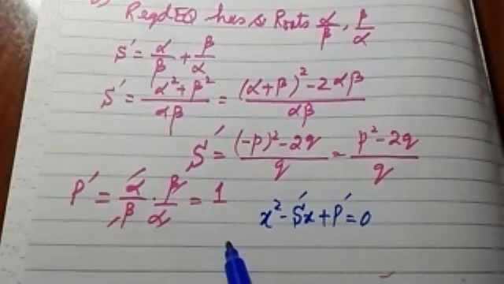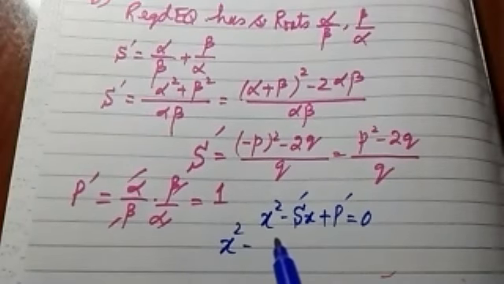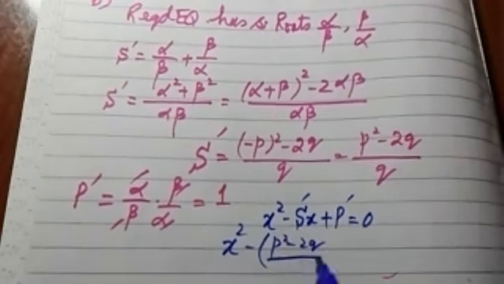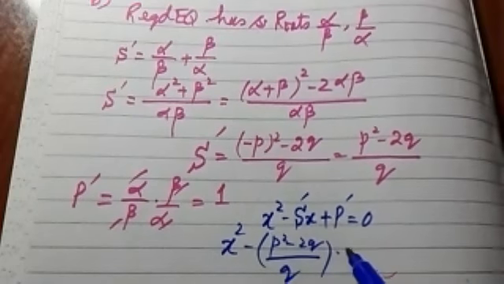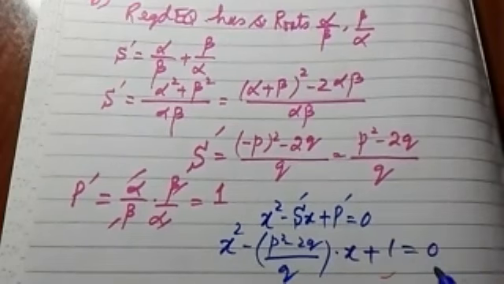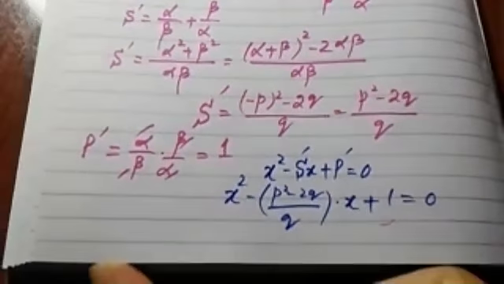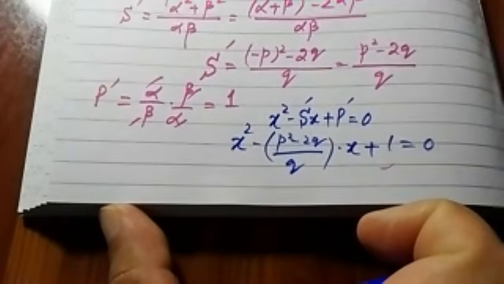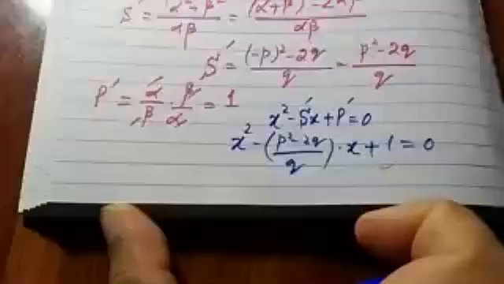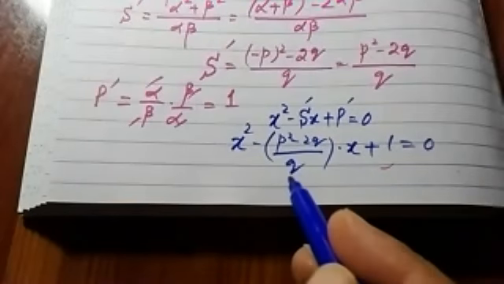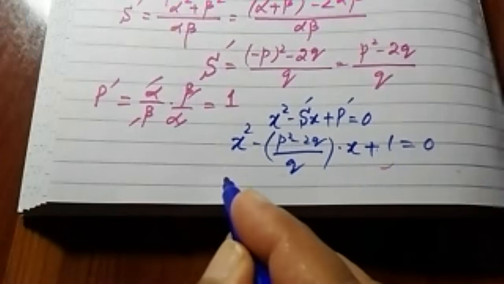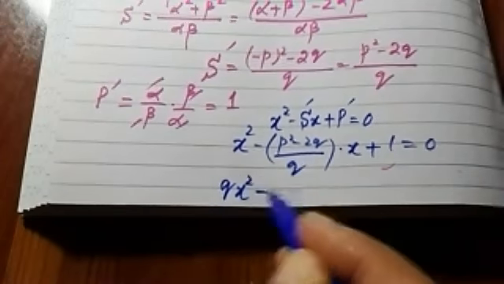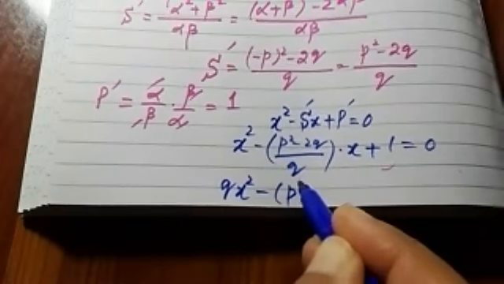If you put it here, it will be p square minus 2q divided by q times x plus 1 equals to 0. Now if we multiply all the terms with q, the expression will be reduced to q x square minus p square minus 2q times x plus q equals to 0.